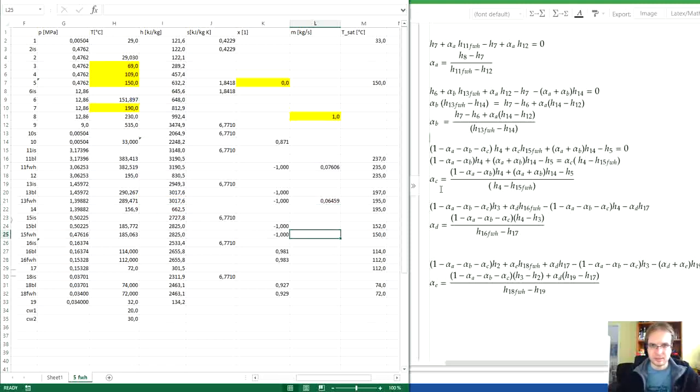Point 15 alpha C, so we have 1 minus alpha A minus alpha B multiplied by H4 plus alpha A plus alpha B multiplied by H14 and minus H5, and all this divided by H4 minus H15 feedwater heater.